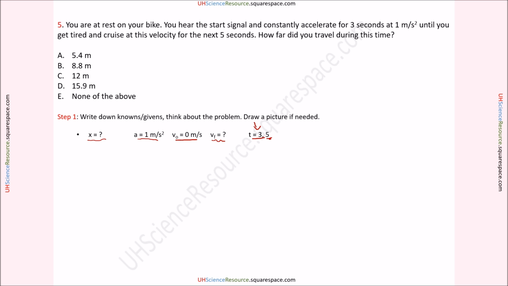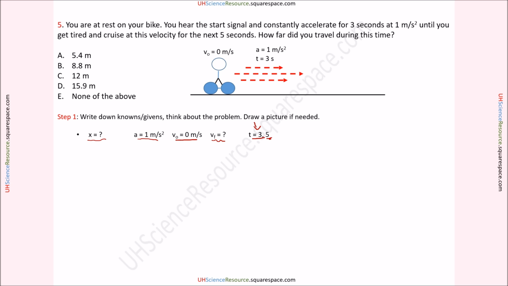Okay, so let's illustrate this in a picture. Initially we're at rest, shown right here, in which our initial velocity is 0 meters per second. When we hear the start signal, we start accelerating at 1 meters per second squared for 3 seconds. After 3 seconds, we get tired, so we stop accelerating.